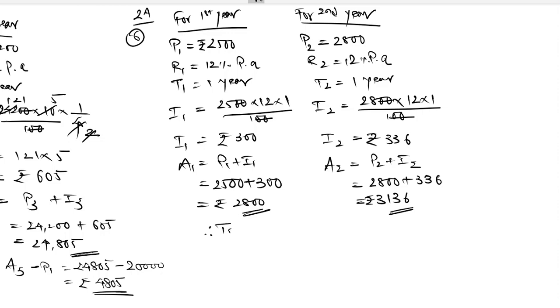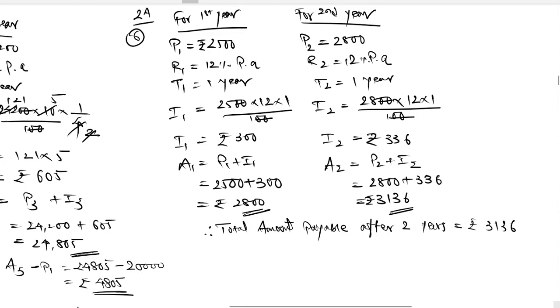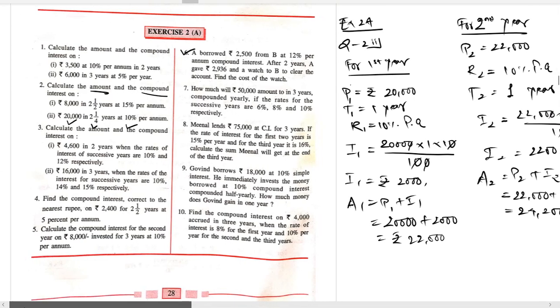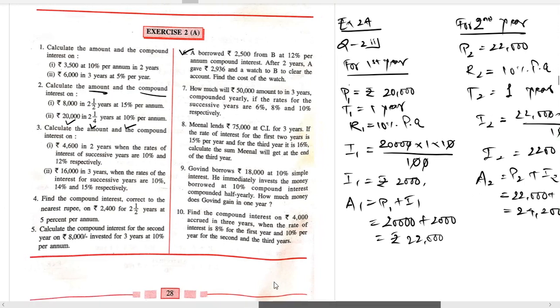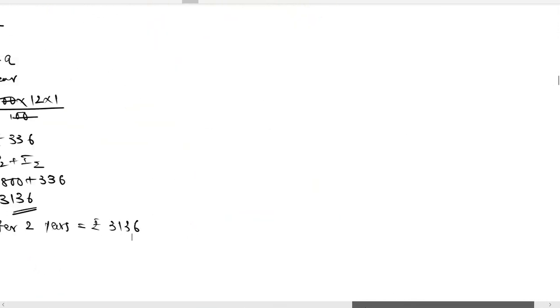Therefore, total amount payable after 2 years is equal to rupees 3136. Now what he did was he paid rupees 2936 and a watch to clear the account.